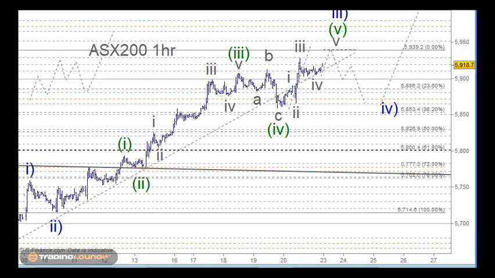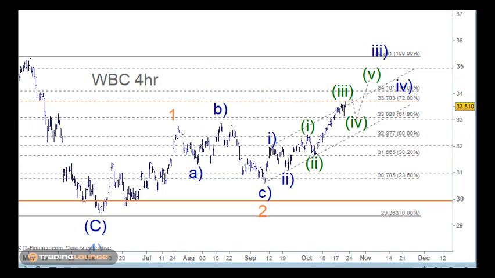And if we look at one of the banks, any one will do. Let me just find one over here, an Australian bank. Westpac would do the job. So we know the banking sector holds a lot of weight and sway with the ASX 200, and this is a slightly different count than the ASX 200, but it's the same thing.